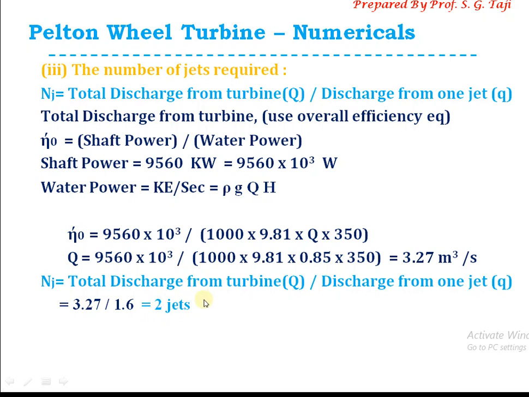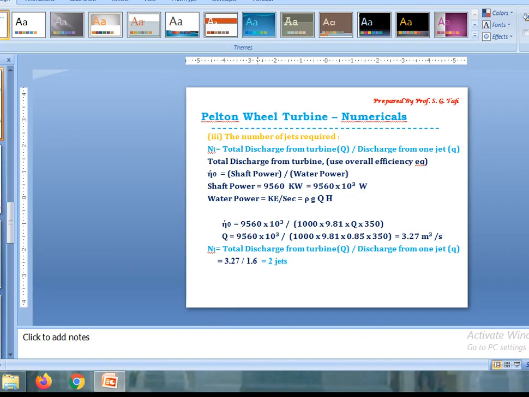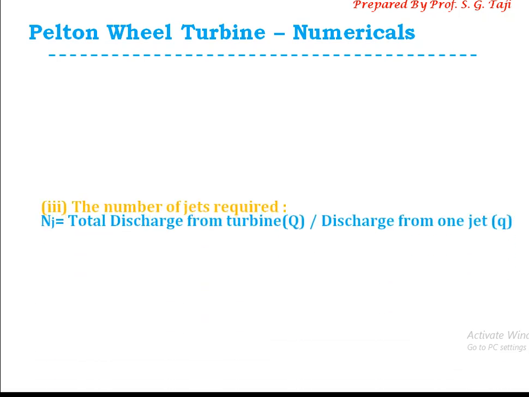As I am rounding off to the next integer, it's important to recalculate your diameter of jet again. So in that case, just divide the whole discharge Q by the number of jets, 2. This will give you the discharge of water flowing through a single jet, and then compute the diameter D again. Here I have not calculated that, you should do it. Let's move to the next numerical.